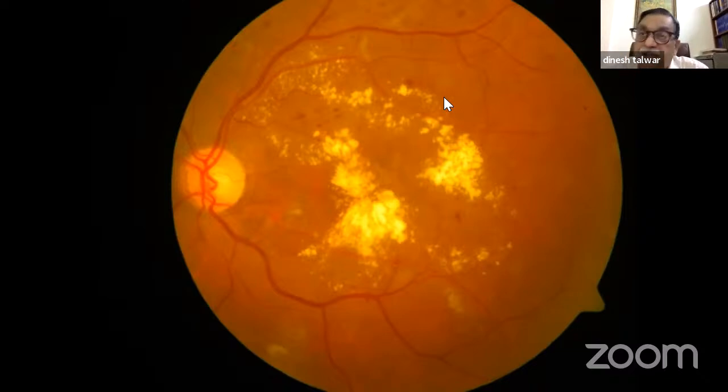Is there any condition you know in which very commonly you get retinal edema but don't get hard exudates? Any very common condition?